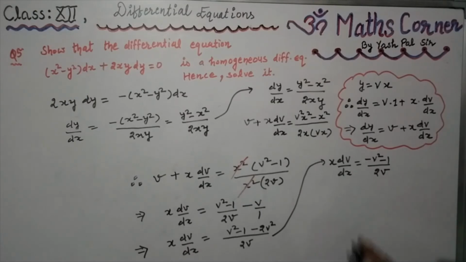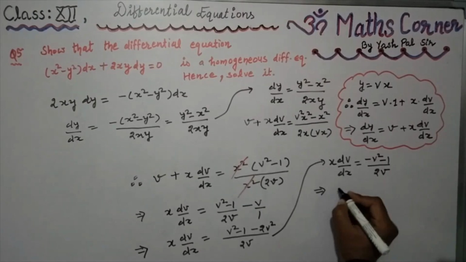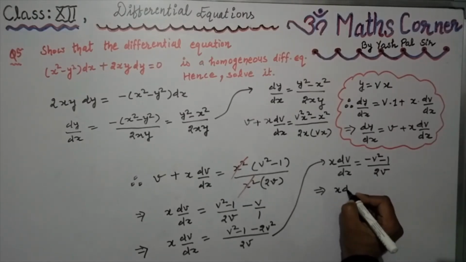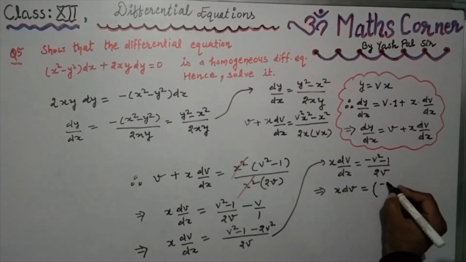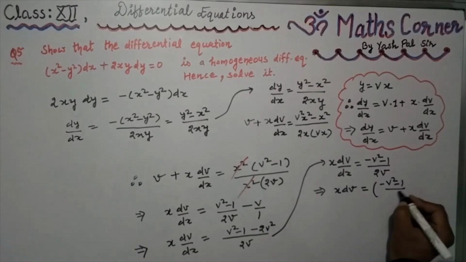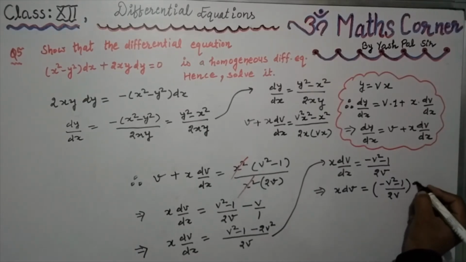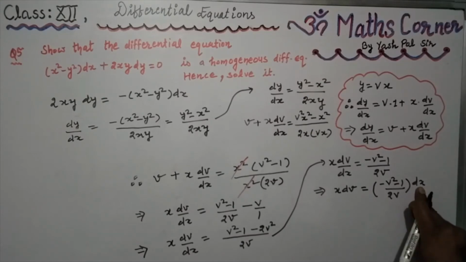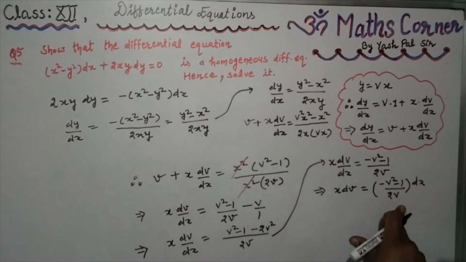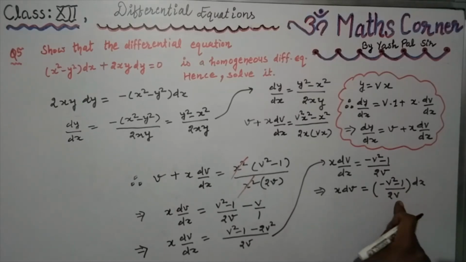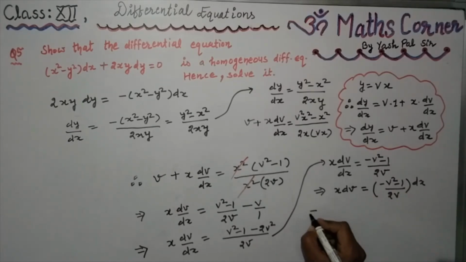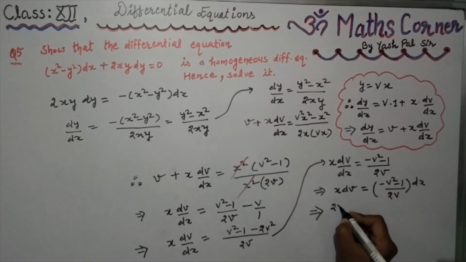So again there are two terms, one in v and the second in x. By the variable separation rule, x dv equals minus (v² + 1)/2v dx. With dx only the x term is required, so x comes here, and with dv the v term comes here.